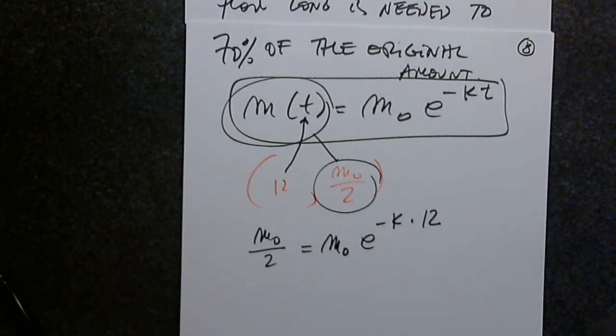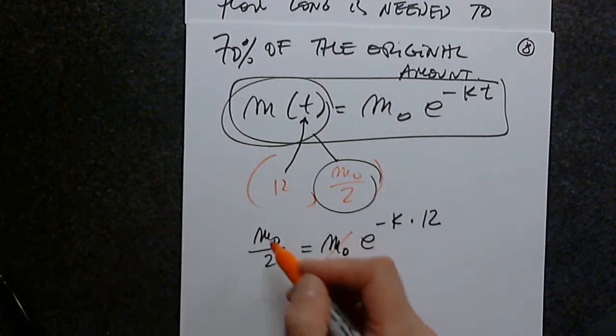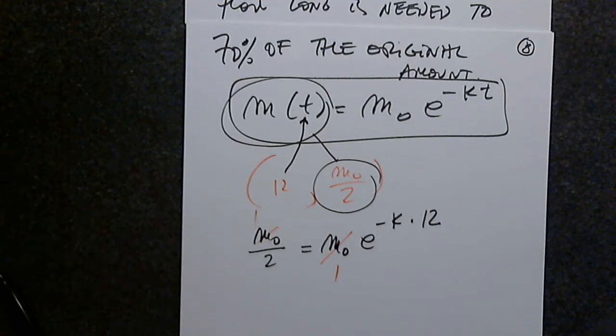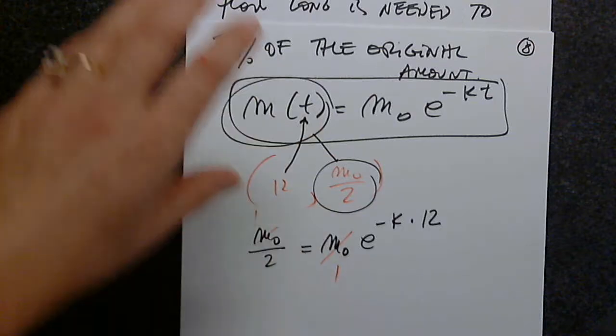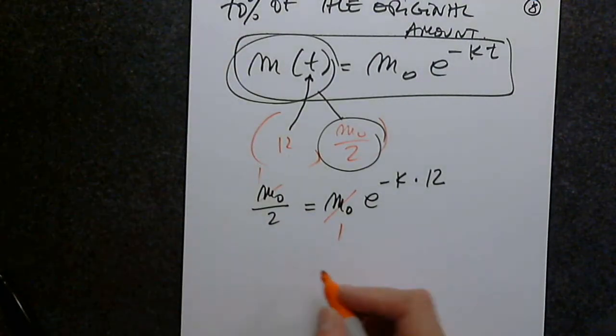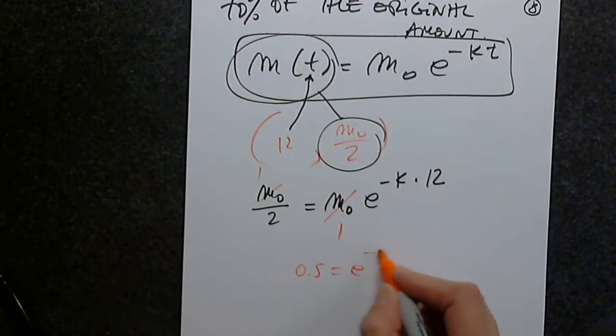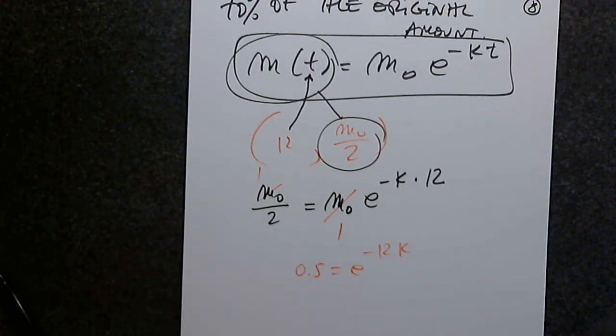Okay. I still see two variables. Not really. Let's divide both sides by M0. I get 0.5 on the left, e to negative 12K on the right. And that's all I need to find K.